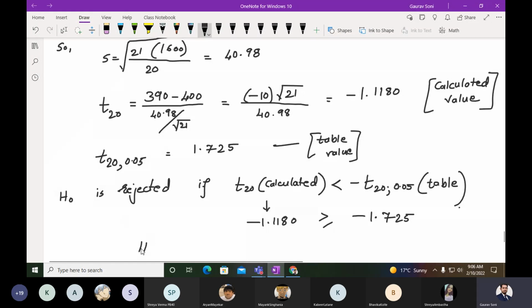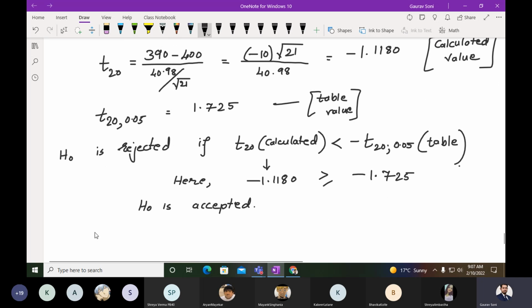H naught is accepted. The data supports the demand of people.